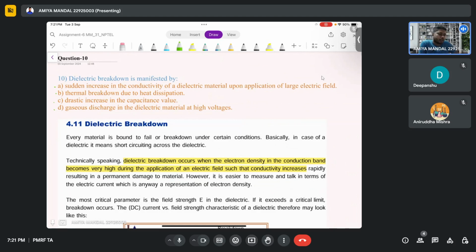There are different types of dielectric breakdown. Breakdown is nothing but the breaking down of the dielectric material from its insulating property.